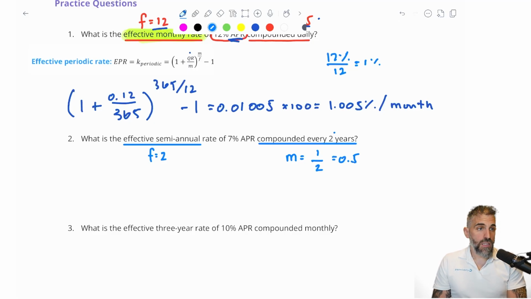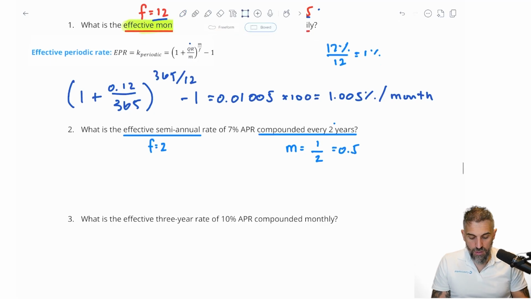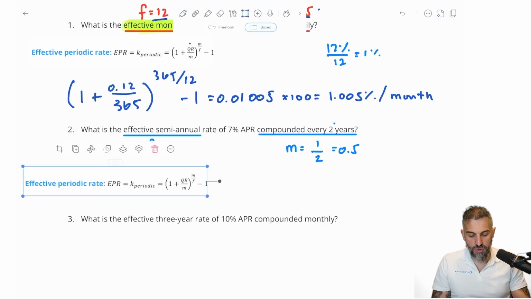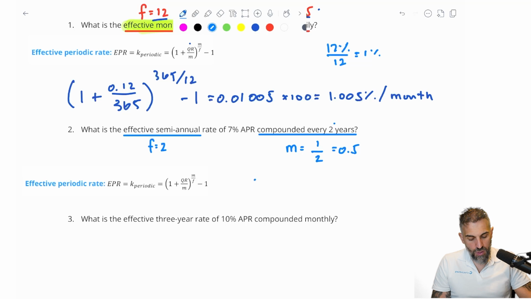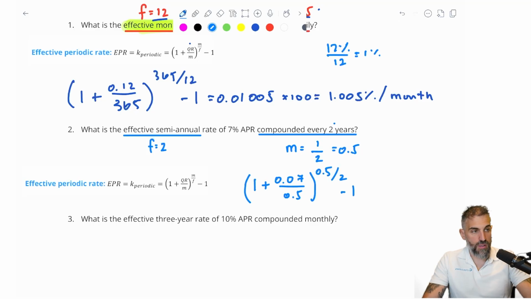And so again, because the F is not 1, we're going to use the same formula as before. So 1 plus your QR of 7% over your M of 1/2, to the power M over F, minus 1.